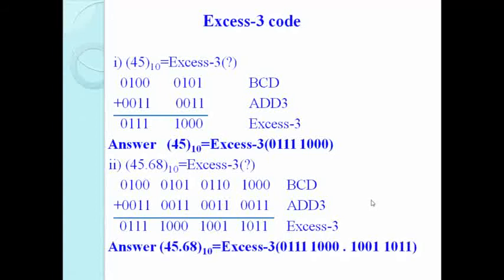So the excess 3 of 45 is 0 1 1 1 1 0 0 0 point 1 0 0 1 1 0 1 1. This is the excess 3 of 45.68.